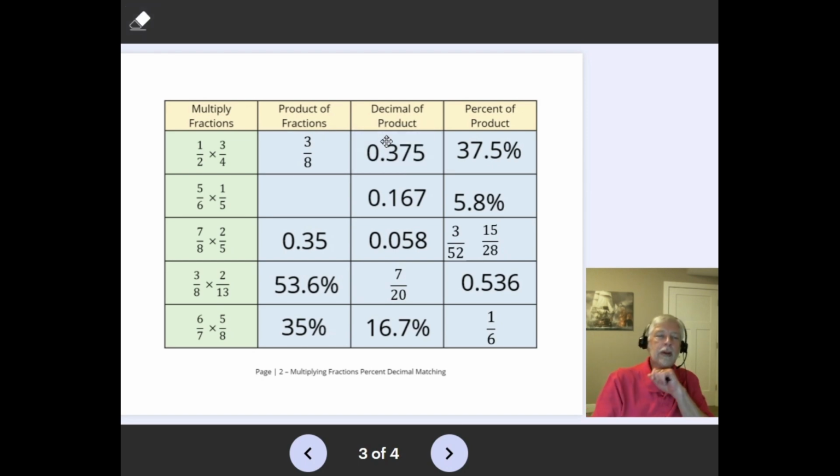And we do the next one. We have 5 times 1, the top number times the top number. And we have 6 times 5, the bottom number times the bottom number. That gives me 5 over 30. Now, the student will need to know how to simplify. If they don't know how to simplify, then we pause and we work on that area.